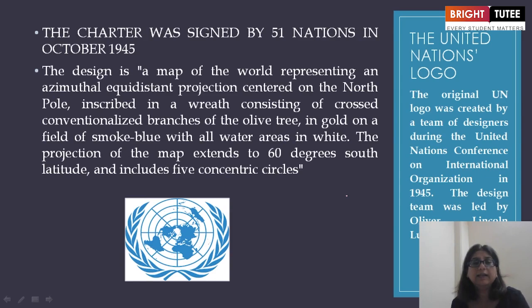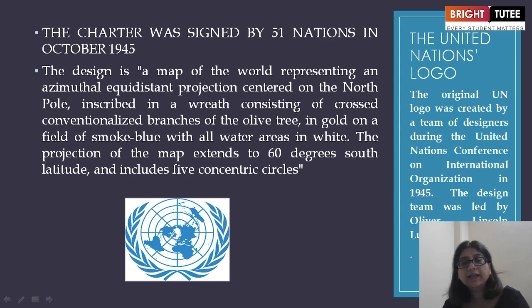What exactly did it start from? The charter was signed by 51 nations in October 1945. The design of the United Nations logo is a map of the world, and this was created by a team of designers during the United Nations Conference on International Organization in 1945. The design team was led by Oliver Lincoln Lundquist.